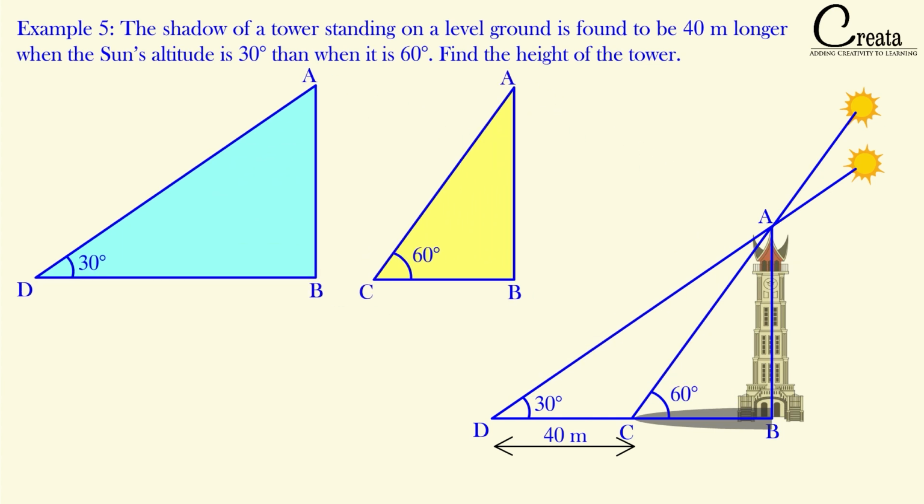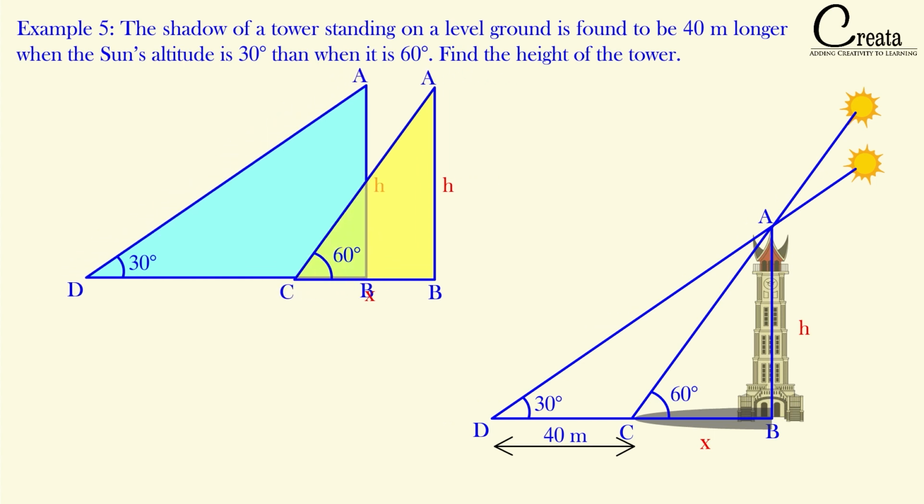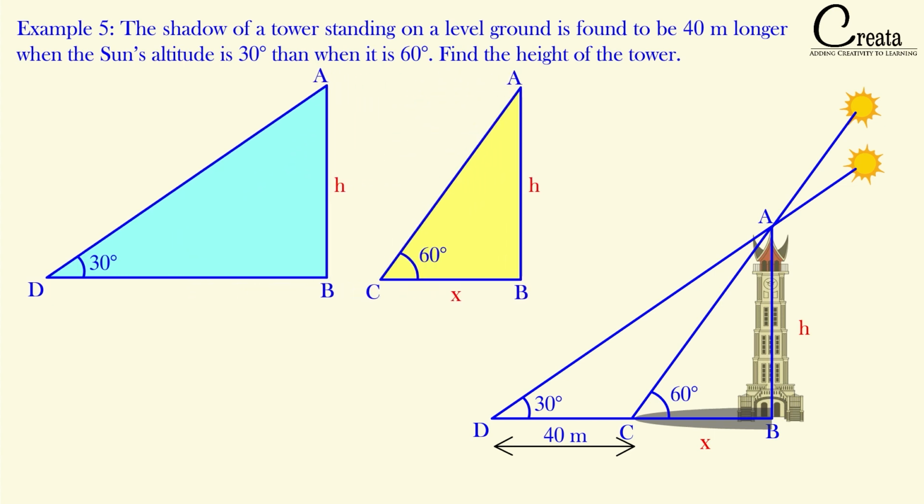For simplicity, let's mark the height of the tower as H, AB as H, and the distance BC as X. Just for the simplicity, you can proceed otherwise too. So here these two triangles are sharing the common side AB. For both of these triangles, AB is the perpendicular. For the triangle ABC, AB is perpendicular and BC is base. For the big triangle ADB, AB is again the perpendicular and BD is the base of this triangle.